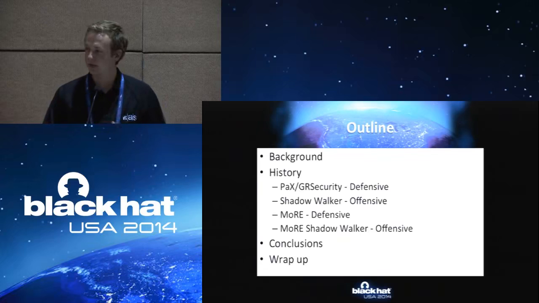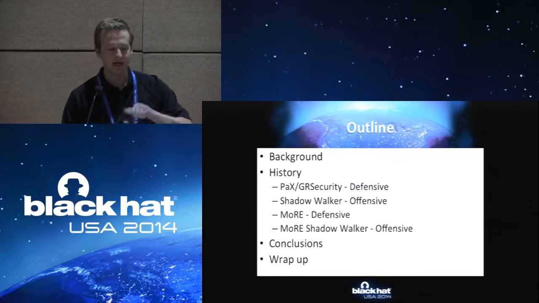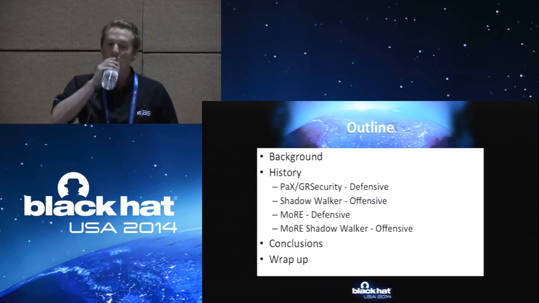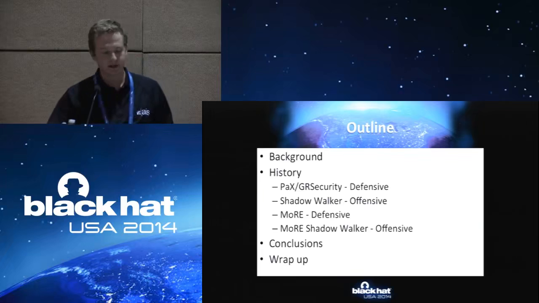Then some of the work that I've done for a DARPA Cyber Fast Track program, and then swinging that to the offensive. This is Black Hat after all. I'll draw some conclusions and wrap up, so then we can all get some food or head to the bar.